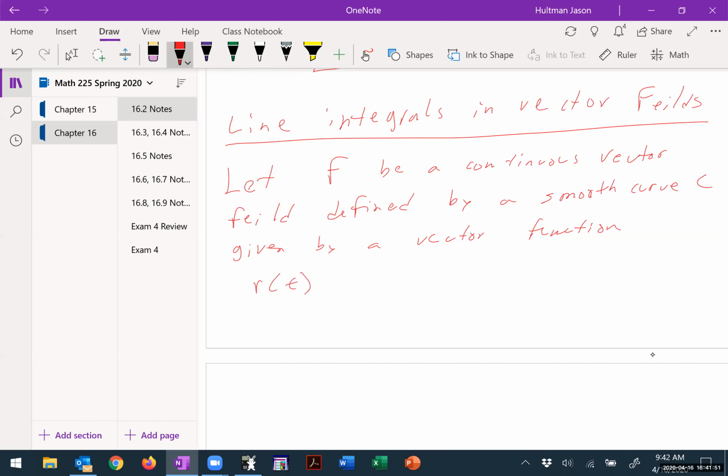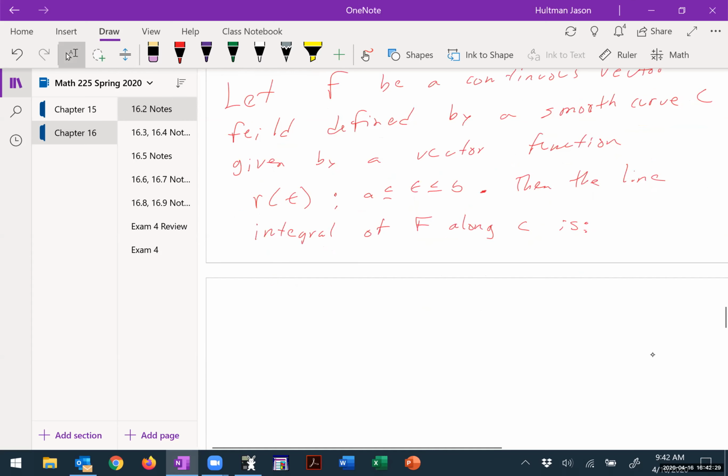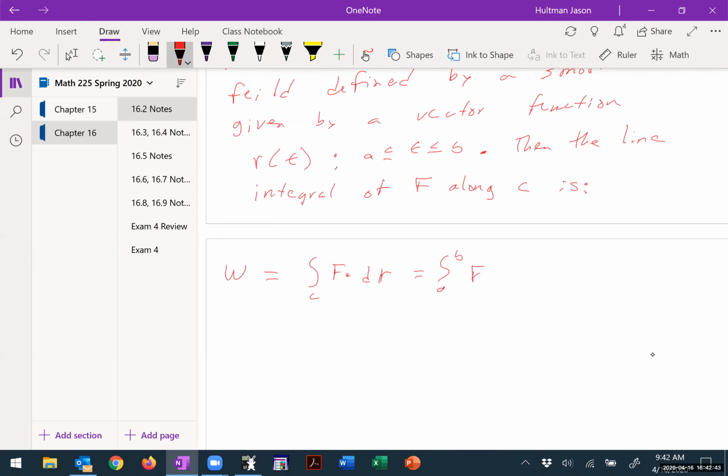Then the line integral of F along C is W equals the integral over C of F dot dr, equals the integral from a to b of F of R of t dotted with R prime of t dt.